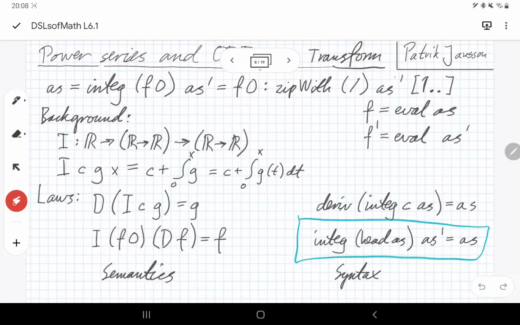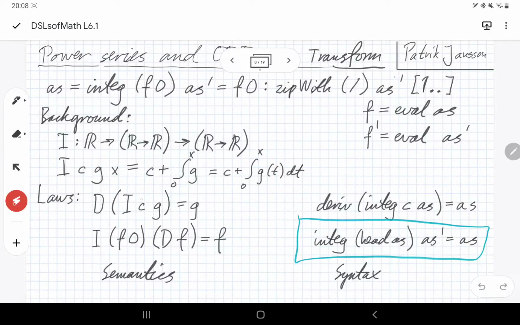And the corresponding equations, if we transform, so I was talking here about the transform that I use to solve these equations, and that transform goes from the semantic side to the syntactic side. And wherever it says d here, which remember is something I cannot implement in Haskell, this says deriv, which is something I can implement in Haskell. It's just multiplying coefficients with increasing numbers, and integ, similarly, dividing the coefficients by integers.